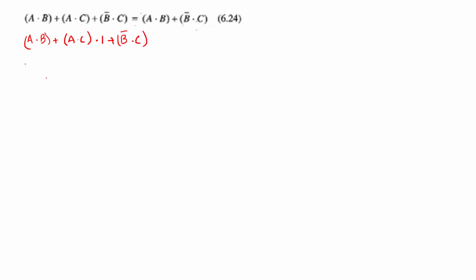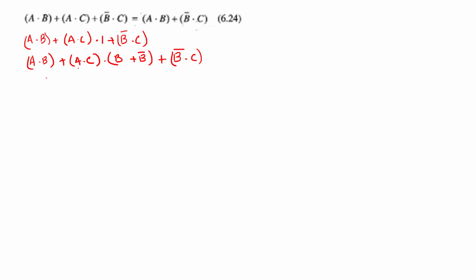Now in the next step, I am going to replace that 1 with B OR B bar. And we know that any variable with its complement will reduce to 1 if it is ORed together. And OR B bar AND C.